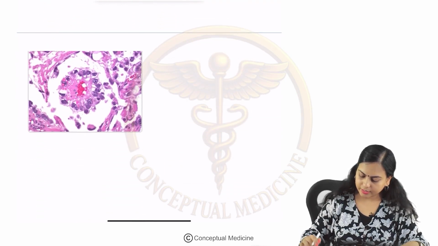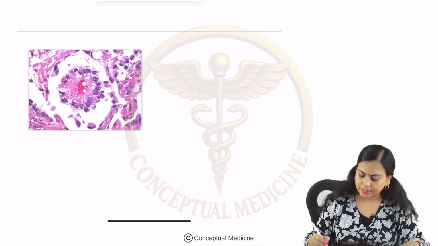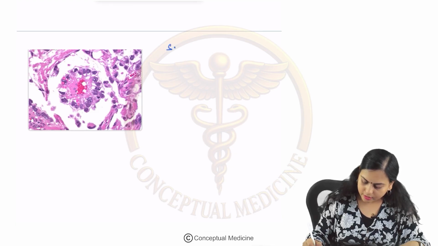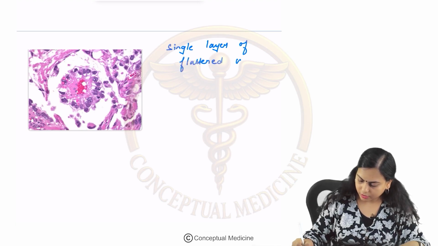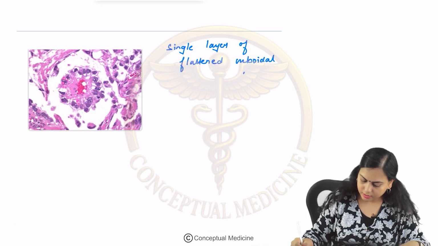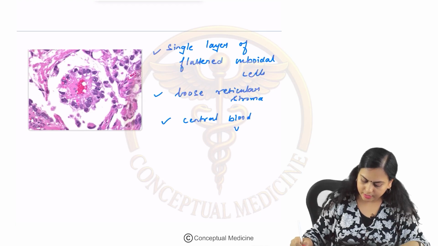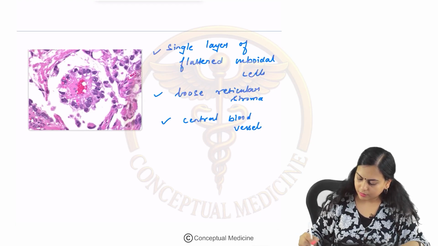If you see the microscopic picture, you will be able to see the tumors are lined by a single layer of flattened cuboidal cells. Then they have a loose reticular stroma and a central blood vessel present.